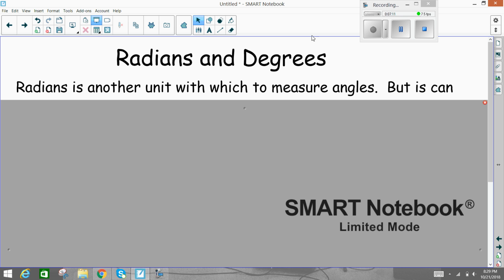And if you're from an Asian or European country or anywhere else in the world that's reasonable, you think in metric. So we think in degrees. We can estimate what 60 degrees looks like or what 90 degrees looks like. But radians is just another way of measuring angles. It's a different unit of measure.